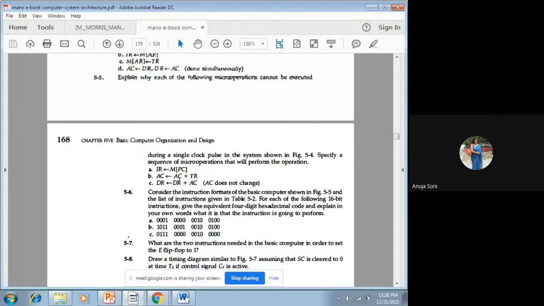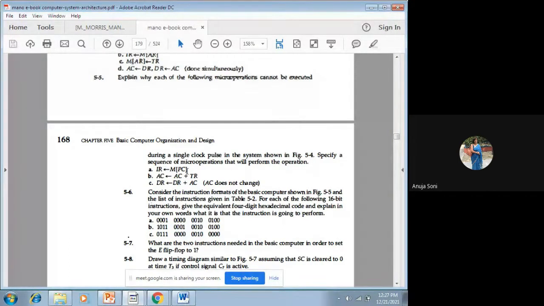Part B is basically saying addition of AC plus TR, and the result is going to the AC. Now from the common bus diagram we can say there are no direct connections for the addition. There are direct connections between AC and DR only. So what will happen? First of all, data will be transferred from TR to DR, and then AC plus DR will be added and the result will be transferred to AC.